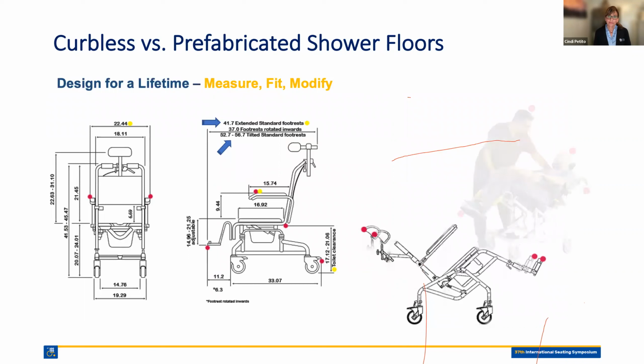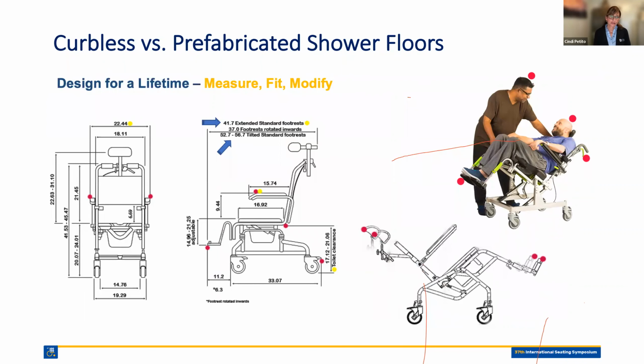So I'm showing you some points to measure, some things to keep in mind. And I did mention this earlier, you want to know the overall width of the bathing equipment, and you want to know the overall depth, okay, from front to back. You also want to know in full tilt what that piece of equipment's full length is, front to back.